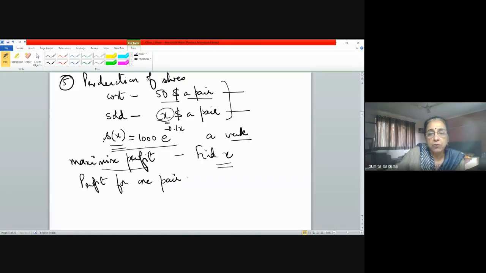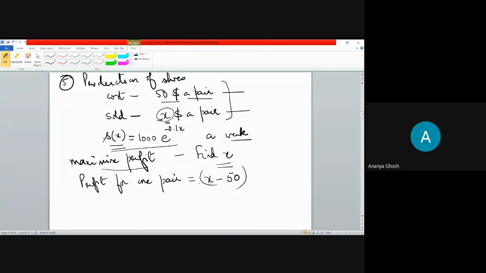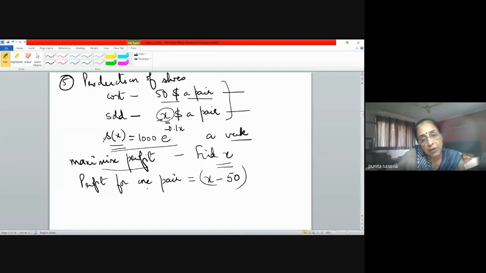So profit for one pair is going to be how much? Selling price minus the cost price. यही होगा ना, ऐसे ही निकालते हैं, ठीक है? Yes, ma'am. But then this is for only one pair.